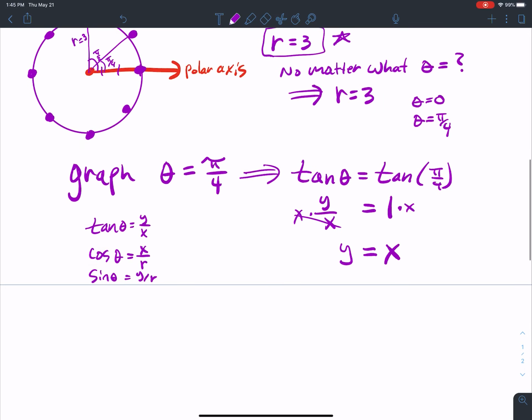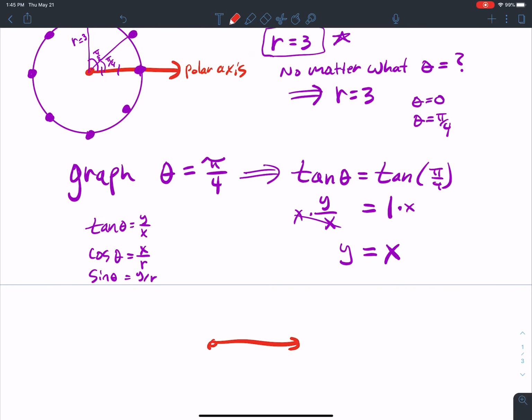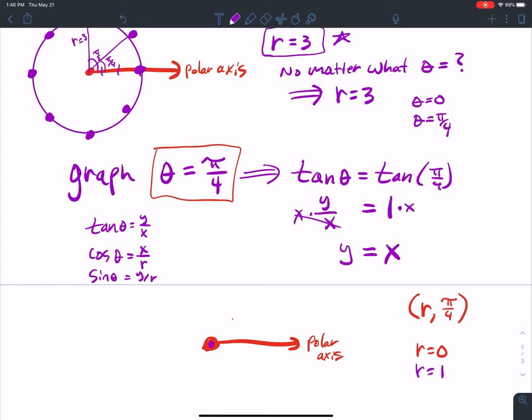So to graph this, I've got my polar axis. What this says is that no matter what r is, theta is always pi over 4. So if r equals 0, we're right here. If r equals 1, I'm right there.